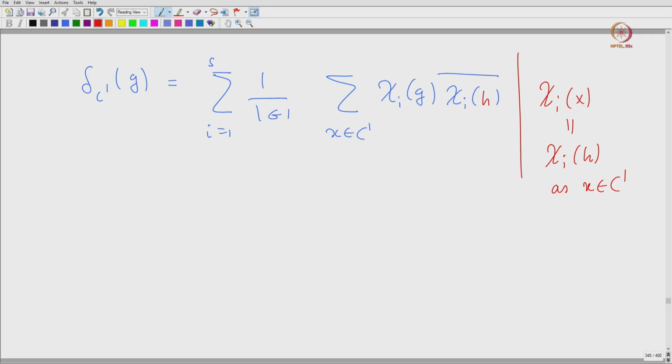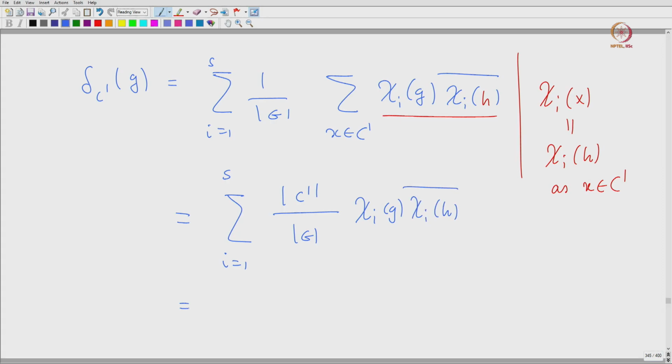Now if we take out this constant function, then it gives us exactly the following: the summation I ranging from 1 to s, the cardinality of C' divided by the cardinality of G, times chi I of g chi I of h bar.